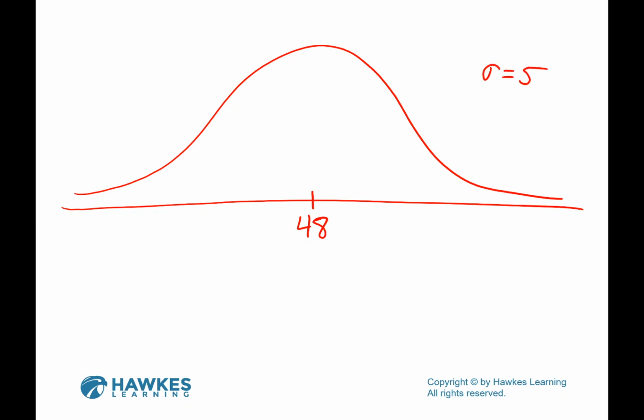And what we want to do is take some data value out of this. The one we want to look at is 45. So if 48's in the middle, which side's 45 going to be on? It's going to be a little over to the left, and it's not quite one standard deviation away from the mean. One standard deviation away from the mean would be 43. So it's not going to be super far over. It's going to be somewhere in here. We're not being exact, just approximate, but here's our x.